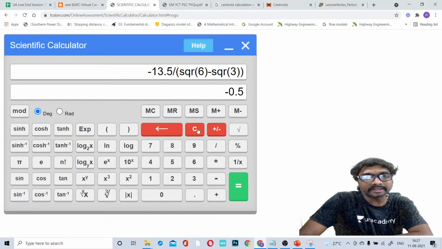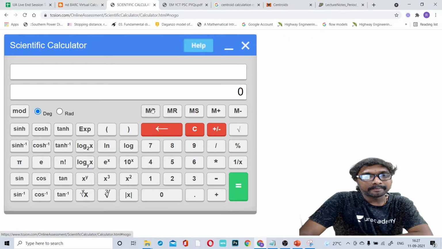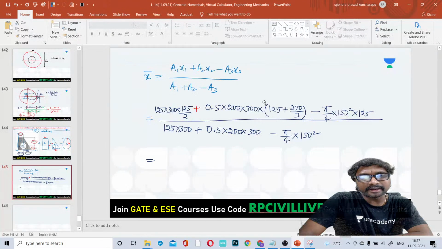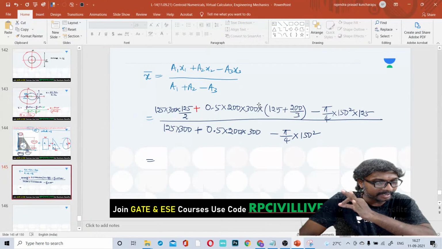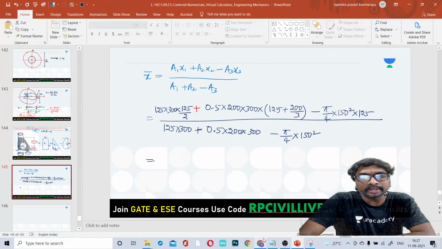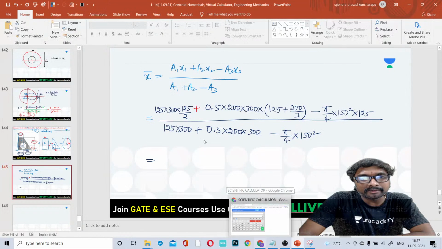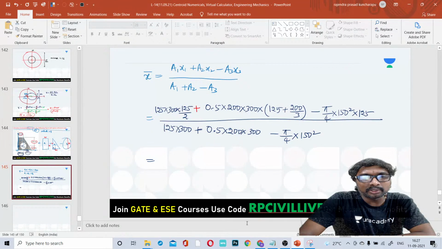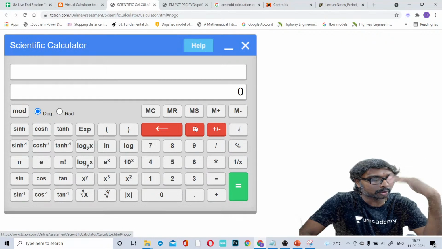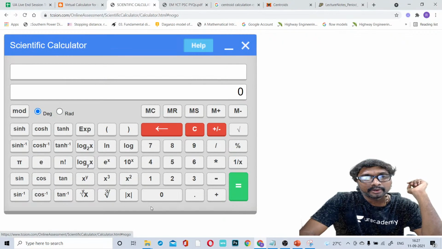Numerator, clear all, memory clear, right? You can calculate the denominator first or the numerator first, as you wish, right? Okay, I'll proceed with the denominator first, then I'll go for the numerator, okay? Don't worry. First the denominator: 125 into 300. I am calculating the denominator.